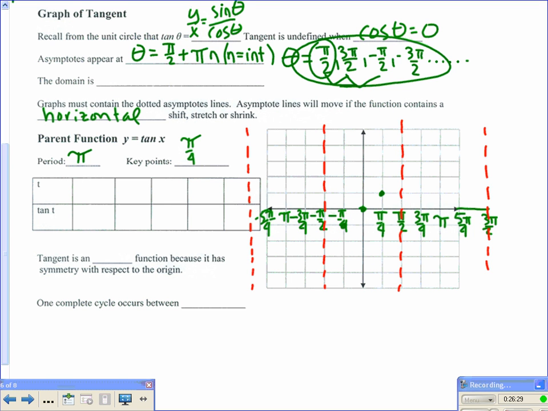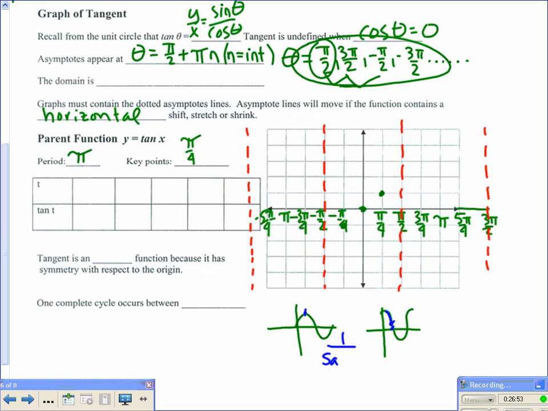How does the rest of it go? Well, think about your parent graphs for sine and cosine. So sine starts like this, and then the cosine parent graph is always going to look something like this. Right here we have pi over 2 on this graph, and this is pi over 2 here. If it's sine over cosine, well, sine at pi over 2 is 1 over cosine. Notice that the value is getting closer and closer to 0.